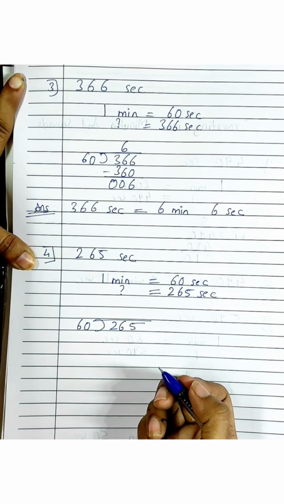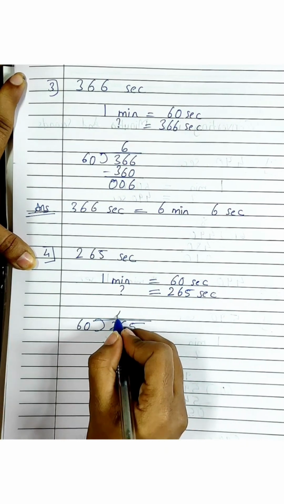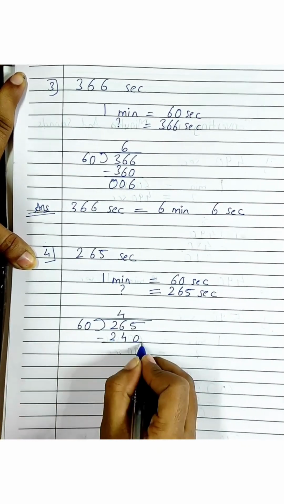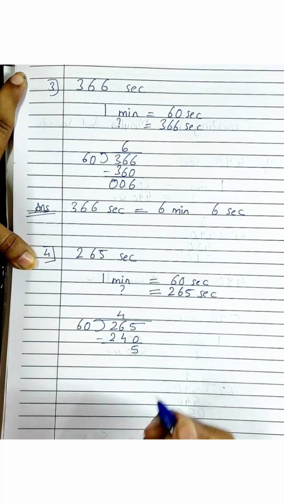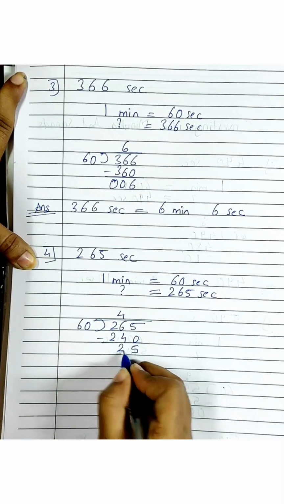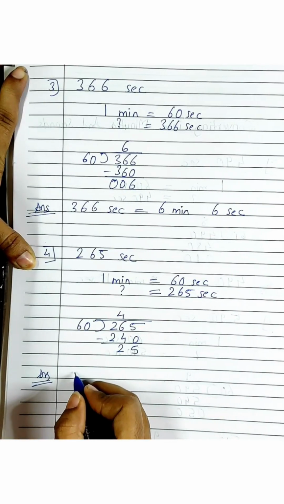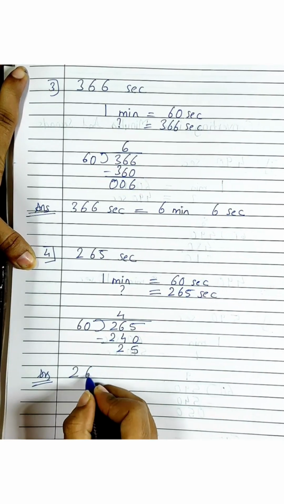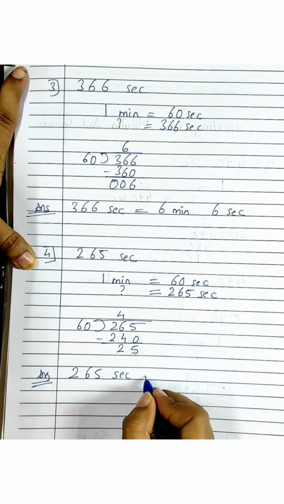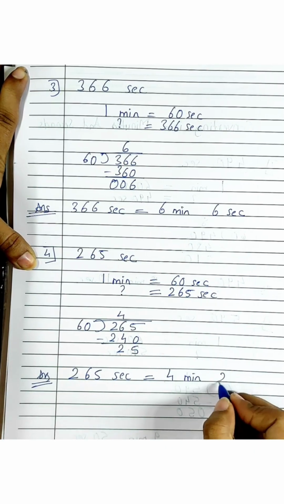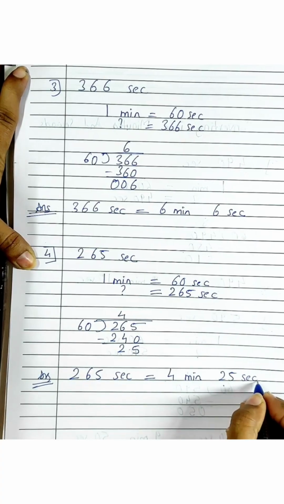So 60 fours are 240. So what is your answer? The remainder is 25. So how will you represent your answer? 265 seconds includes 4 minutes, 25 seconds.